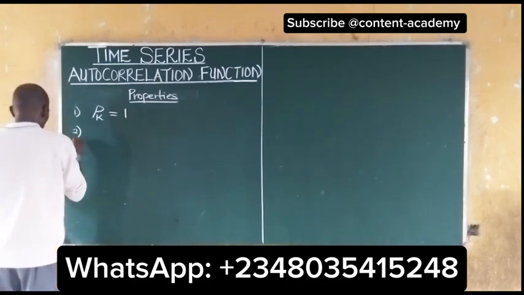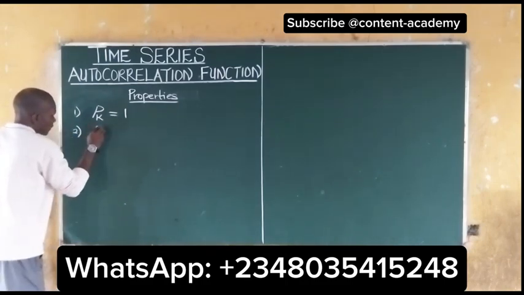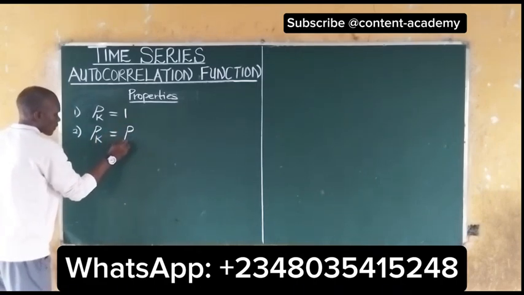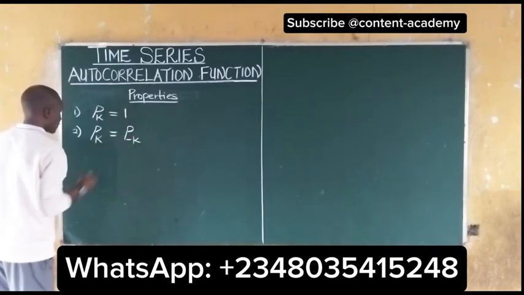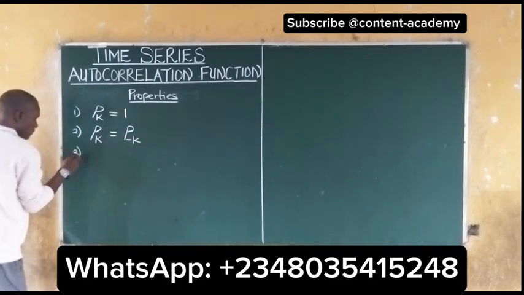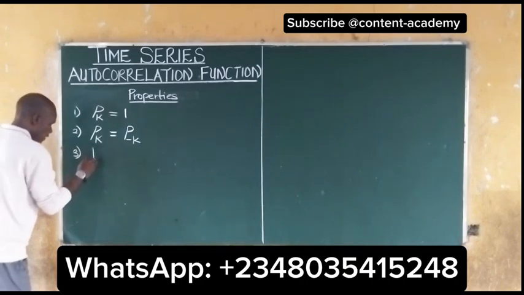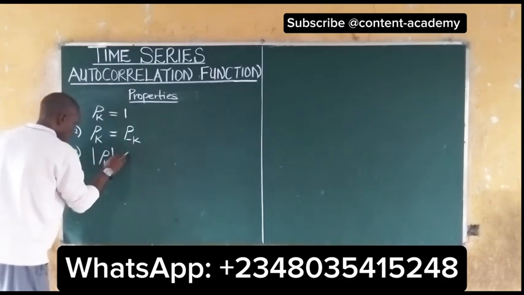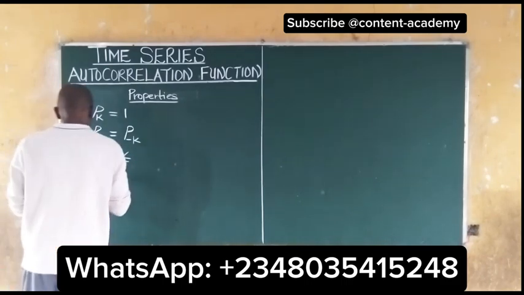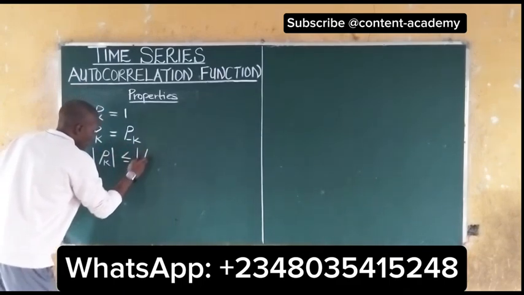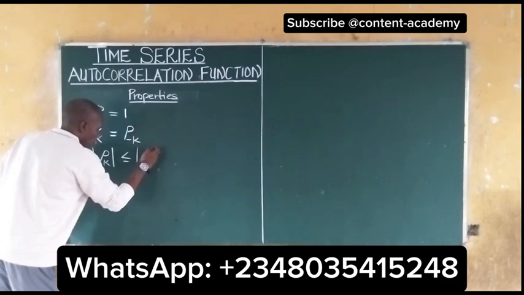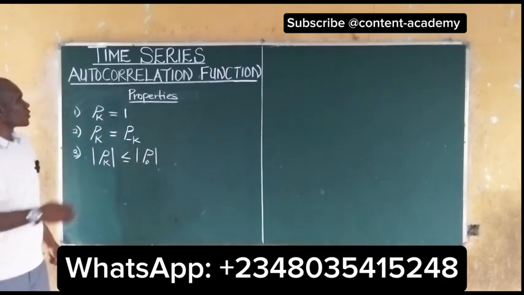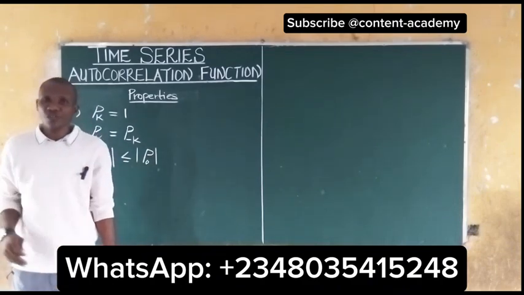The second property is that the ACF at k is equal to the ACF at -k. And the third property is that the ACF at k is less than or equal to the ACF at naught. So these are the three properties of the autocorrelation function.